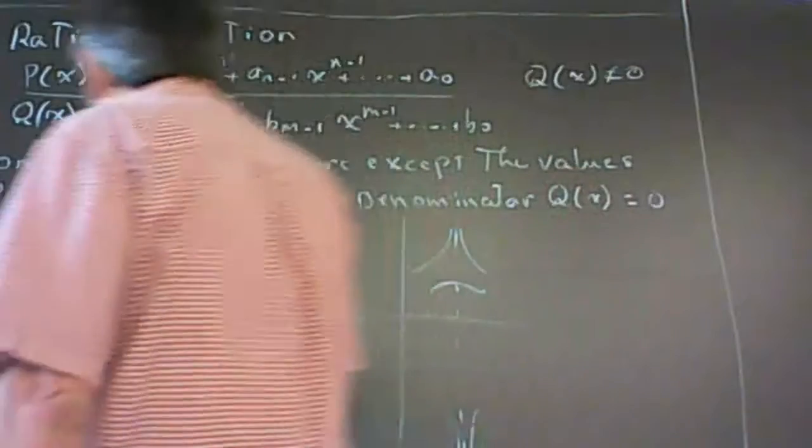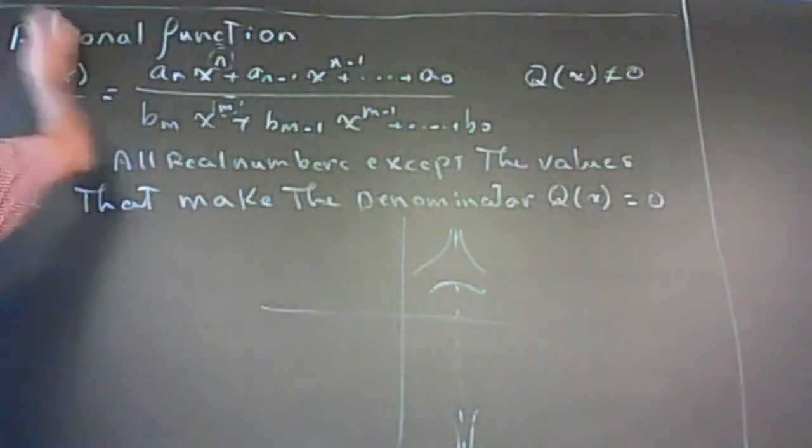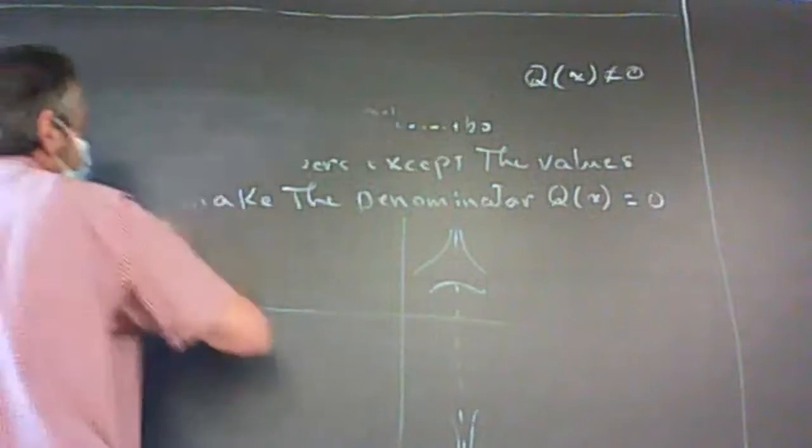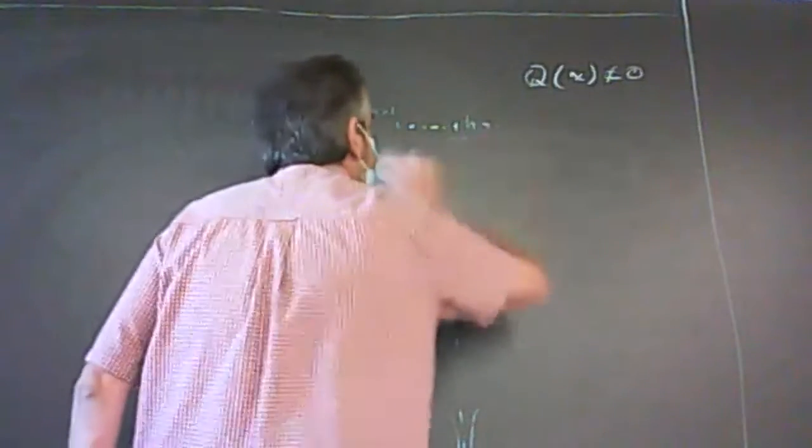With that, let's take a look at a simple graph and see how we graph a rational function and what to look for. Before I go into that, let me write the first term.